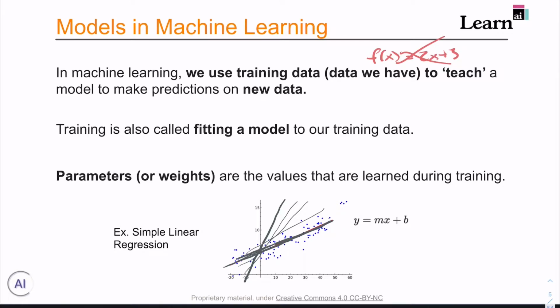So we're learning a line, and the line can be represented as mx plus b in linear regression. And here our two parameters would be m and b, right? Because these are the things that define our line. If this seems confusing right now, don't worry, we're going to be talking a lot about this today.